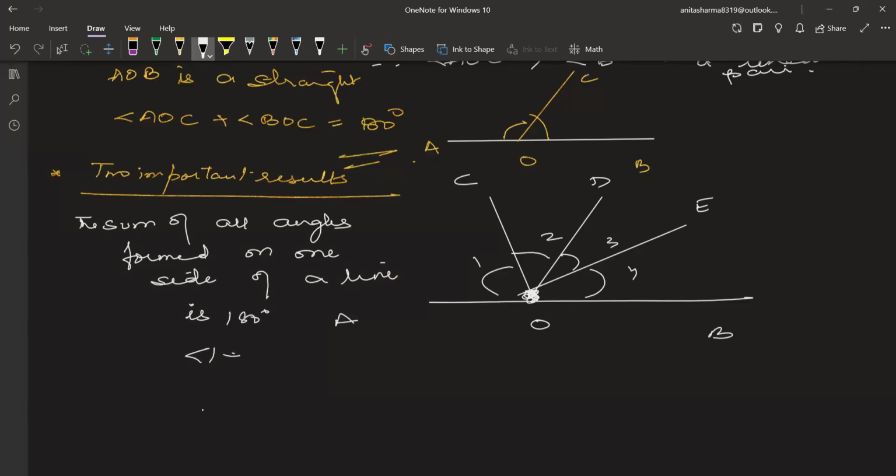See, angle 1 plus angle 2 plus angle 3 plus angle 4, their sum should be equal to 180 degrees, because all these four angles are lying on the straight line. Is it clear, beta?